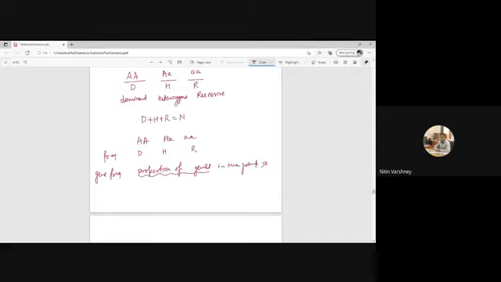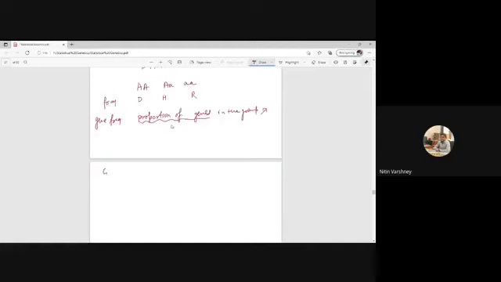Now see, if I want to calculate the gene frequency of A, then what is the proportion of A? See here, A is here, capital A is also here.